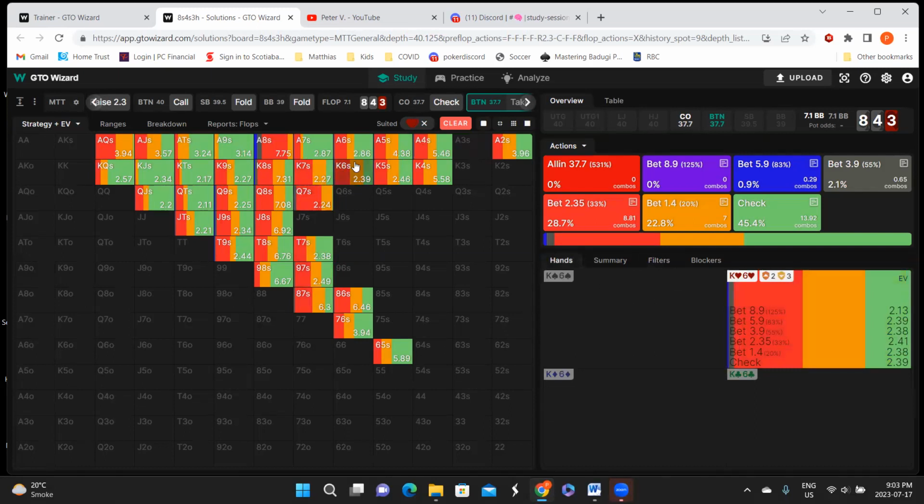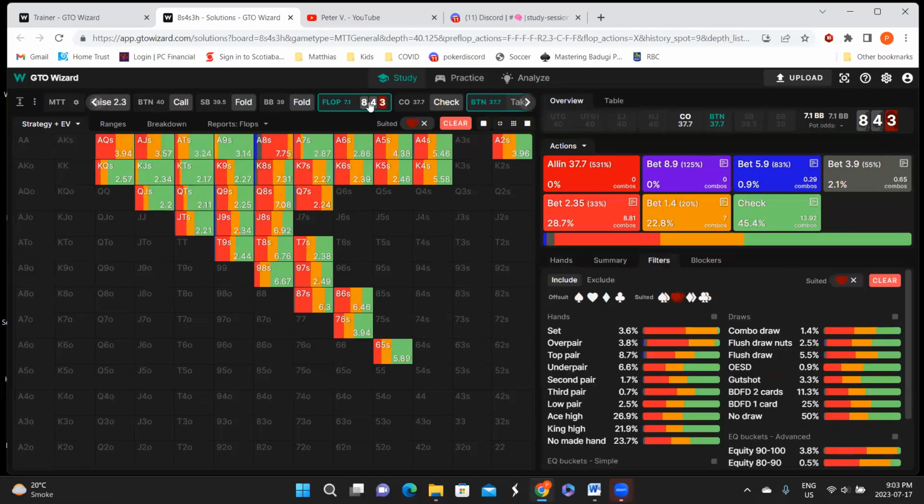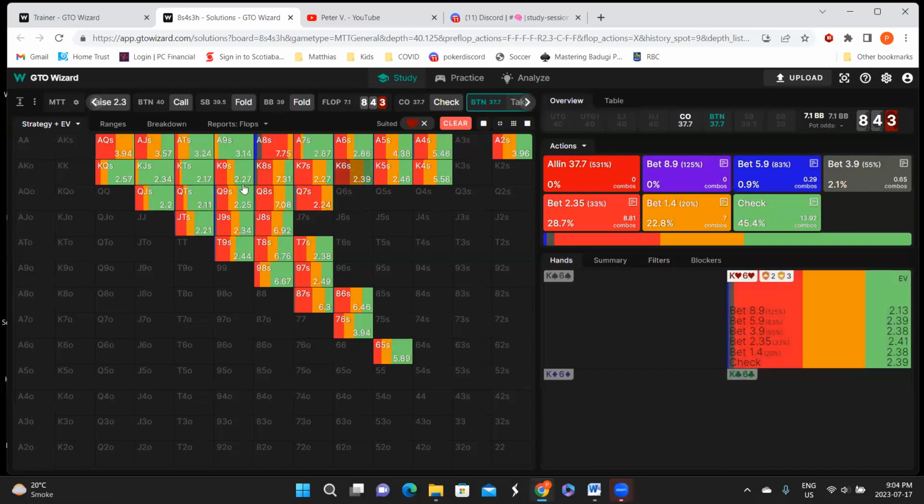Like we look at King 6 of hearts, which has 2.39 equity. And I mean, that's better than King Jack of hearts, right? That extra equity from being able to block your opponent realizing their value with a straight and being able to make the straight yourself is more valuable than you turning a king and having a better kicker here.